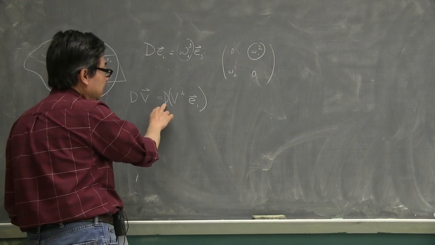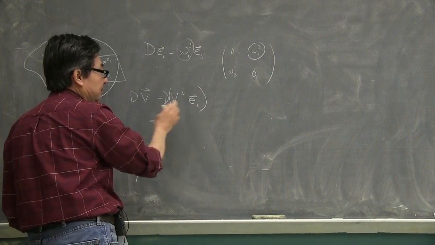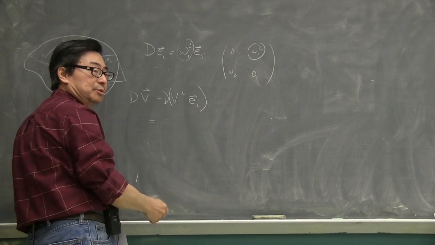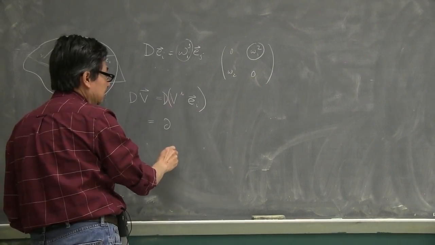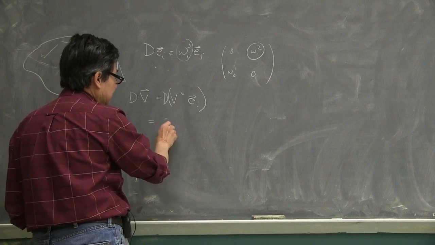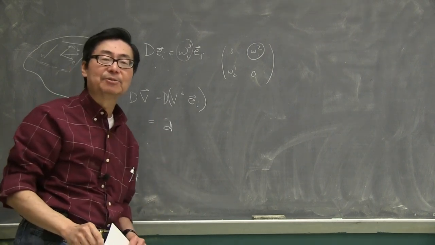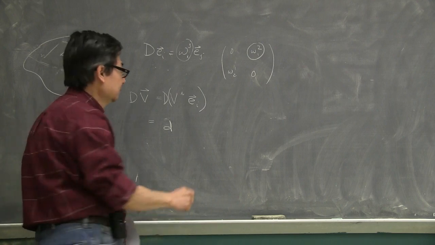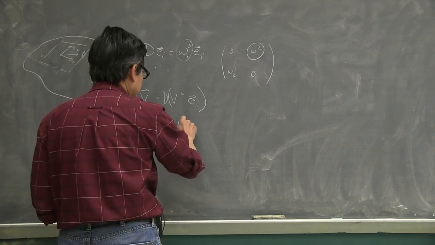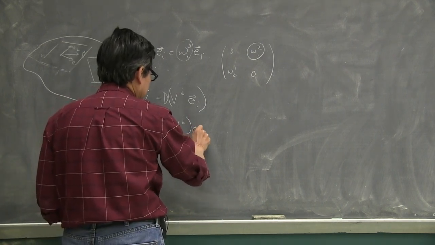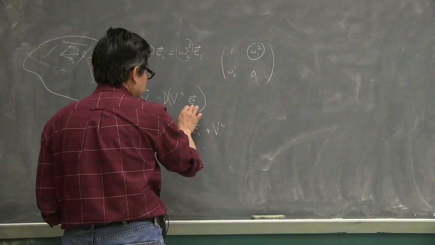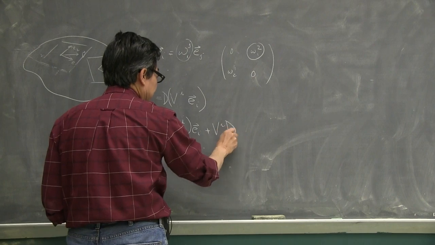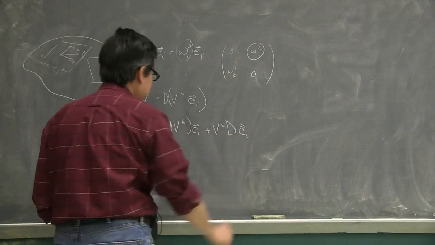So when a D sees this product of two things, you can imagine using the product rule. But when it differentiates this component, it's just an ordinary d, an exterior derivative, not a big D, a little d. So the little d operating on v^i times e_i, plus v^i, and now when you have to differentiate the e_i, it has to be the covariant derivative like that. This is a rule, okay?